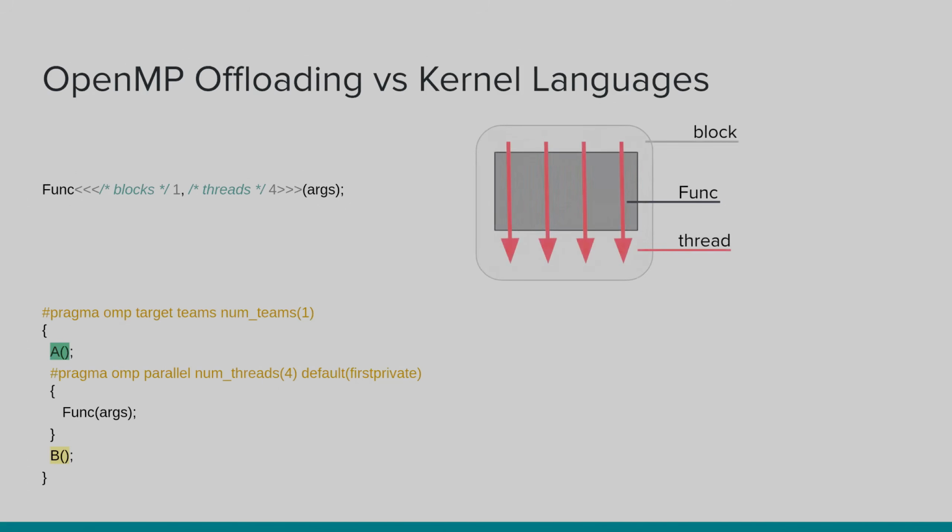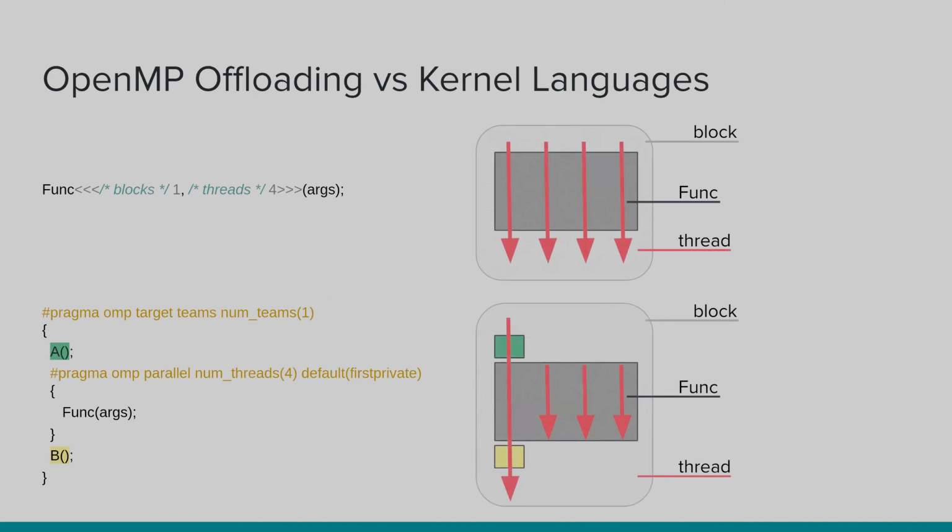If you look at how that translates visually, for the upper part, you have a block and you start 4 threads, and then all of the threads execute func, and that is it. On the lower part, conceptually, you start 1 thread, and then you execute A, and then you start the rest of the threads, the other 3, and all of them execute func. And then the 1 thread executes B, and that's it.